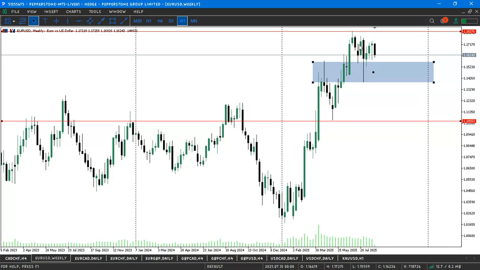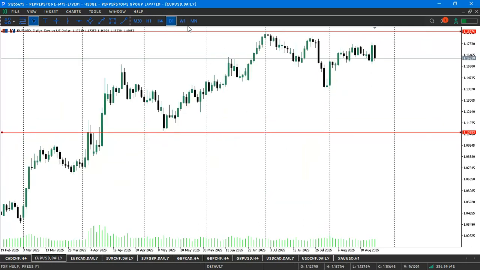From this point it pushed upward, came back to the same zone and started pushing upwards. Right now, on the weekly time frame, we are almost forming an engulfing candlestick, indicating that the market is headed downward. If we finish this week with this candlestick being an engulfing, then we can continue expecting more downward movements.